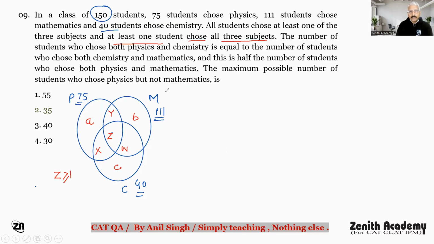Total students 150, right? We can take A plus all this equal to 150.